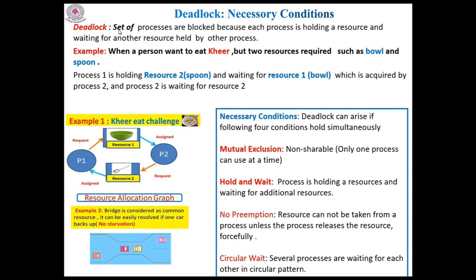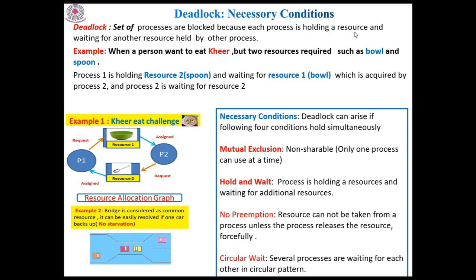Let's go for the definition. A set of processes are blocked. Look into this example: P1 and P2 are both blocked, because each process is holding a resource. P1 is holding resource 2, P2 is holding resource 1.